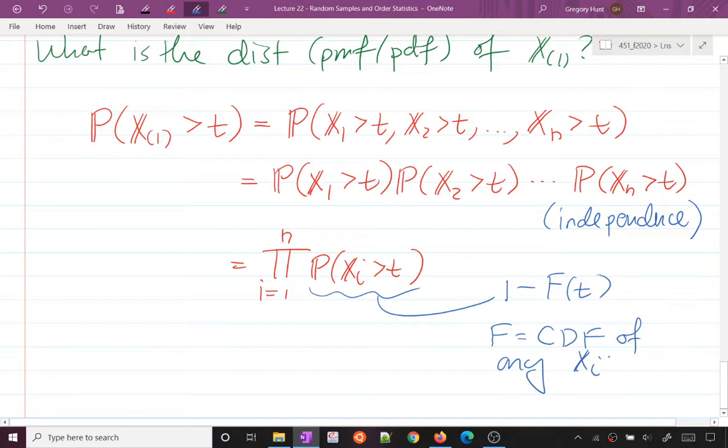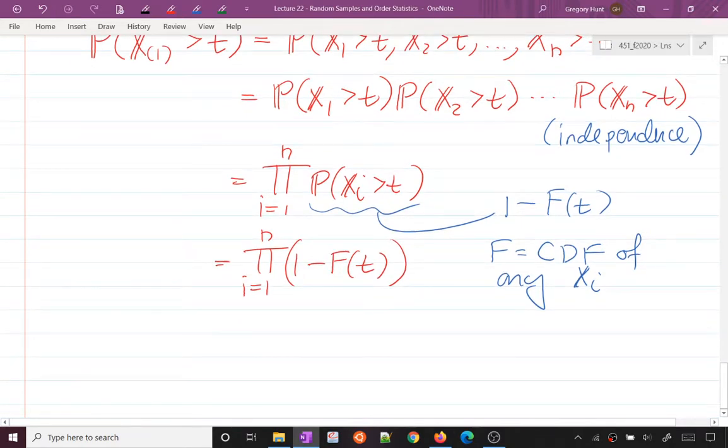They're a random sample, so they all have the same marginal distribution, and so F is the CDF of any of them. And so we could rewrite this as the product from 1 to n of 1 minus F of t. Notice at this point we've gotten rid of any dependence on i, because they're all going to have the same value for the probability that any of them is bigger than some fixed value t. And so this is just 1 minus F of t to the nth power.